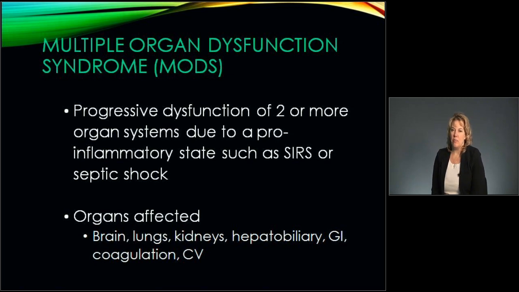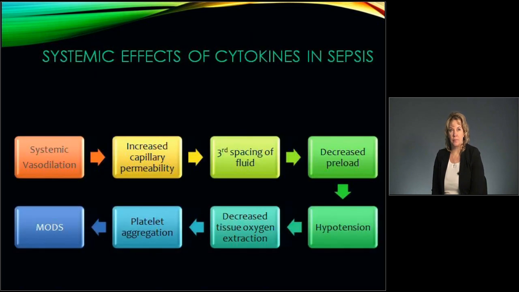Again, that pro-inflammatory process, such as the systemic inflammatory response syndrome or sepsis, can lead to that, and typically the organs that we see affected by this, the brain, the lungs, our kidneys, hepatobiliary, GI, hematological, as well as cardiovascular, will all see significant compromise in response to the lack of perfusion.